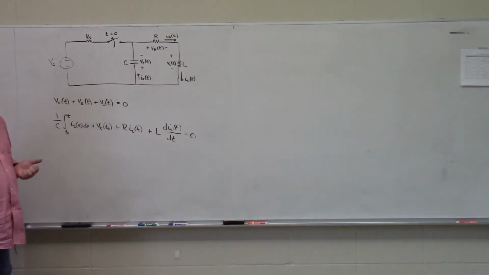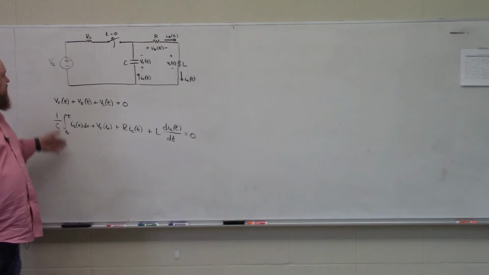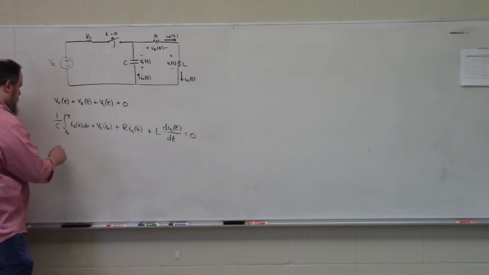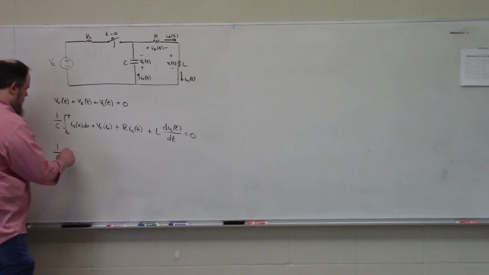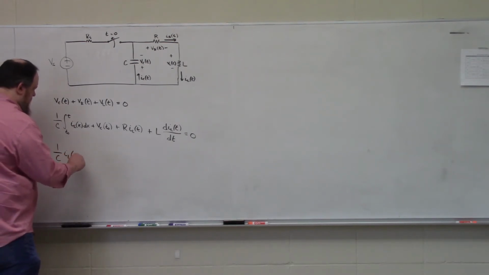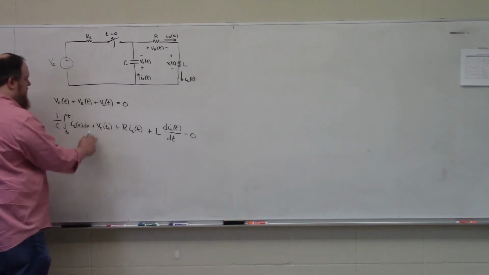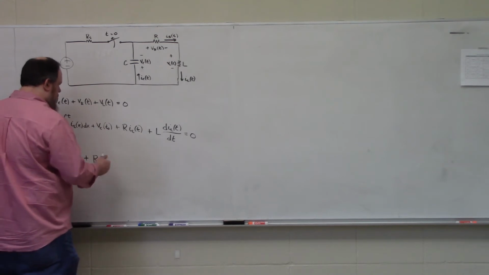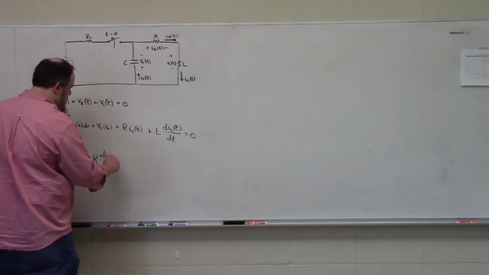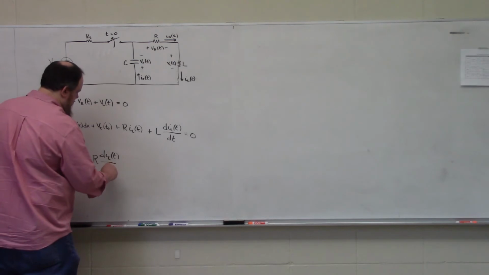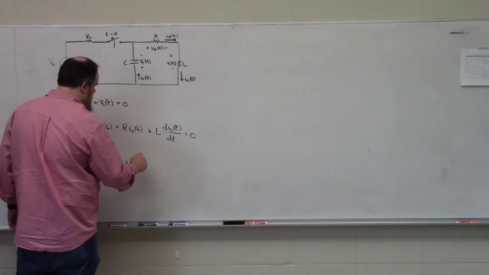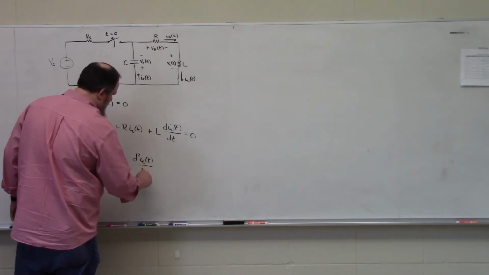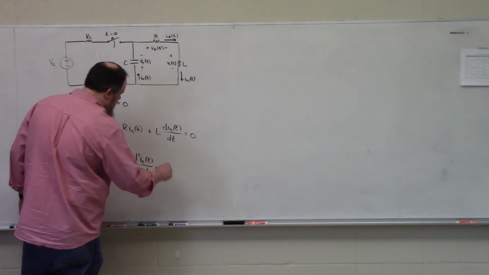We have an integral differential equation. We are going to take the derivative of both sides. So that's going to give us 1 over C IL of t. The derivative of the constant is 0, plus R times the derivative of IL of t plus L times the second derivative of IL of t is equal to 0.